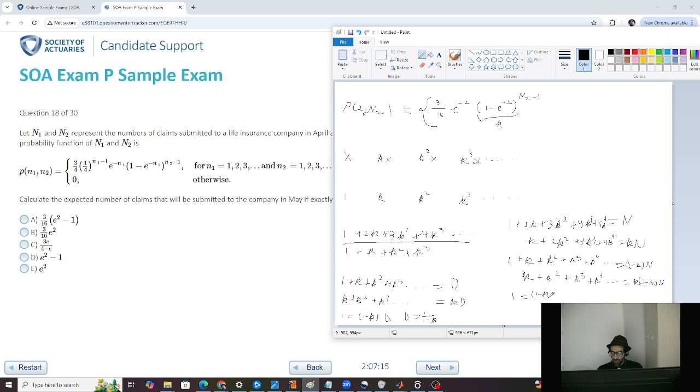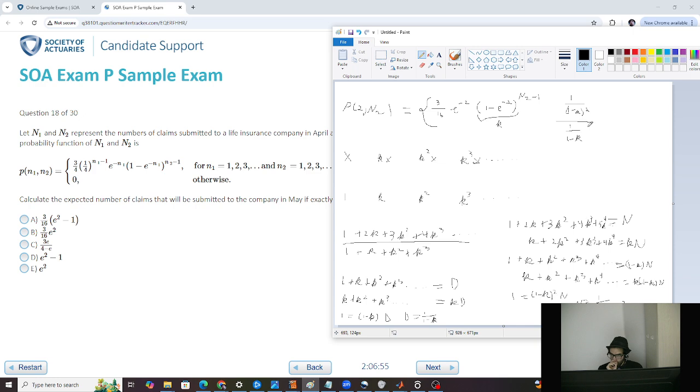1 minus k times 1. Okay, so that's going to be 1 minus k squared times n. N equals 1 over 1 minus k squared. So what we have here: numerator, 1 over 1 minus k squared; denominator, 1 over 1 minus k.